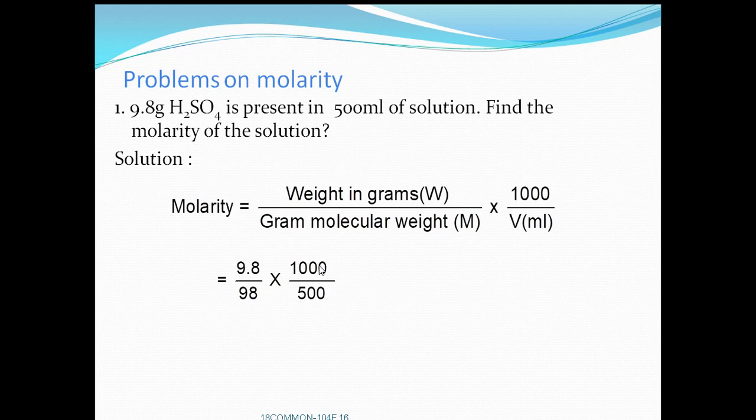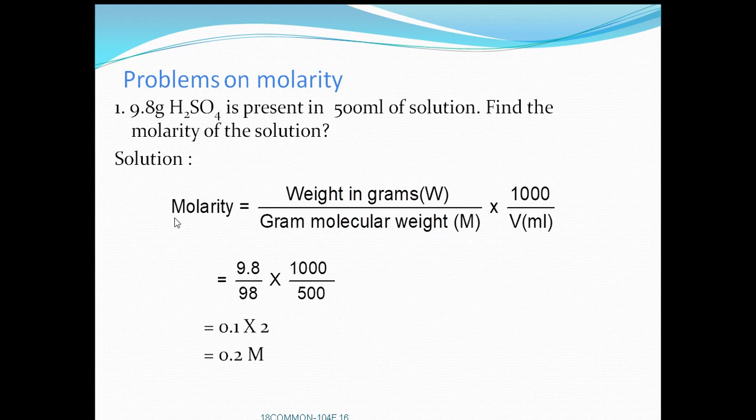So two zeros cancel. So 980 into 2 by 98. We can write 0.1 into 2. We get 0.2 M. So this is the calculation for problems based on molarity.